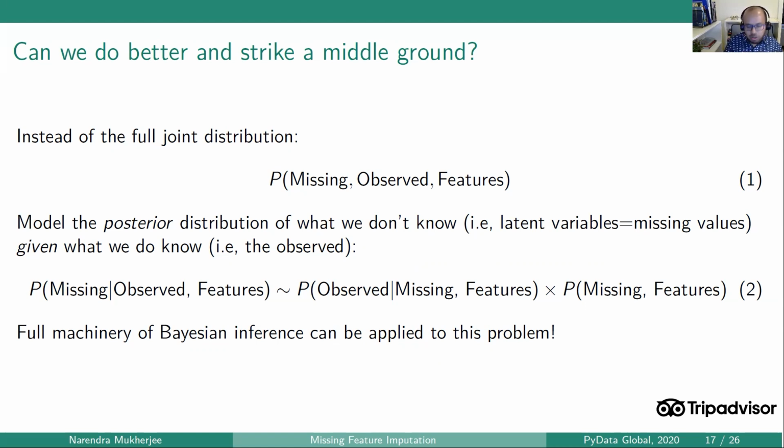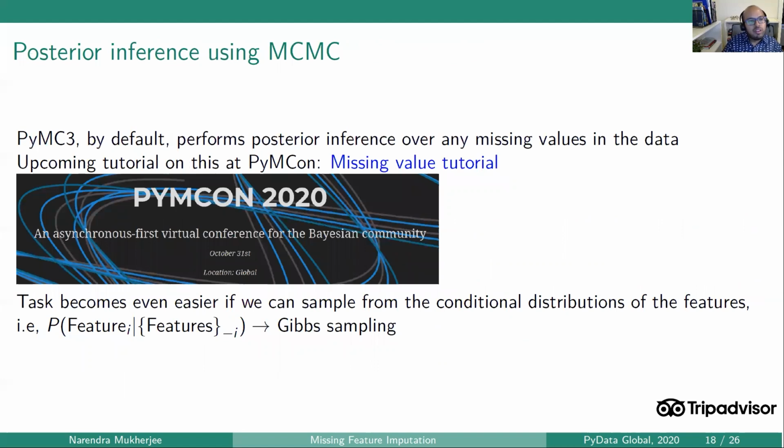So obviously, one of the things you can do when you're doing Bayesian inference is to do posterior inference using MCMC, and PyMC3, which is the biggest MCMC package in Python, by default performs posterior inference over any missing values in the input data set. And I would encourage you to get more information on this at this upcoming tutorial at PyMCCon, which will talk about more details on this.